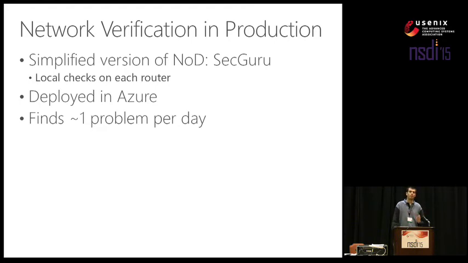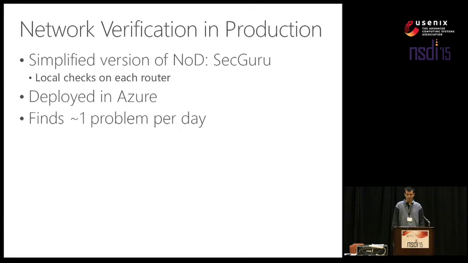SecGuru looks at one router at a time, and it basically assumes what the rest of the network is doing. So it has this belief of how the network behaves. And then it can get away with local checks by looking at one router at a time. And this trick actually works because these data center networks are very structured. So it's reasonable to do these kinds of things.